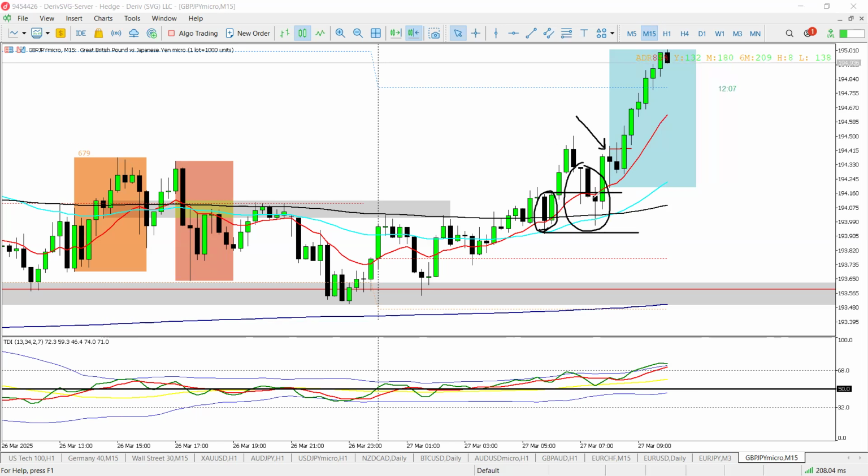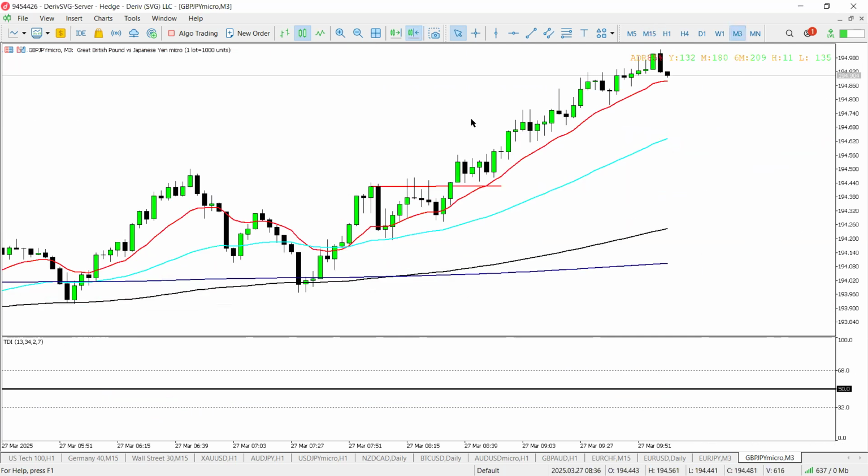So price came to that zone and we had that reaction going into the London Open. At the same time, you just have to mark the next high just to confirm that you are actually bullish if you get the break. But as soon as we got our reaction here, London opens and price retraced back to the 13. And as soon as I saw that retracement, I was like, you know what? I'm now getting ready to snipe my entry.